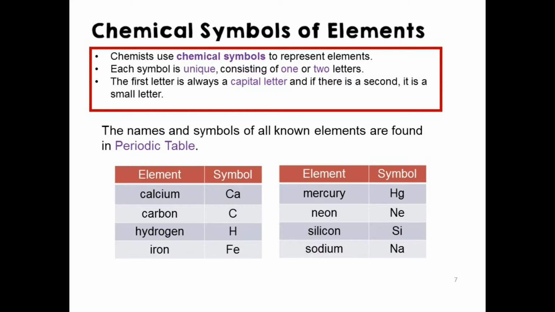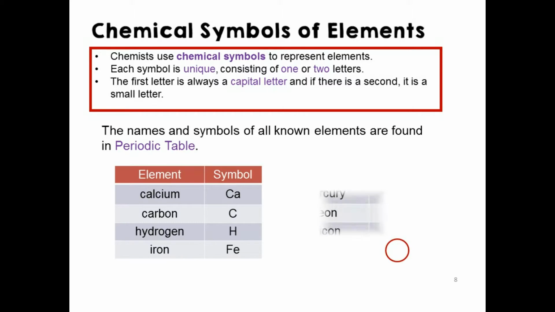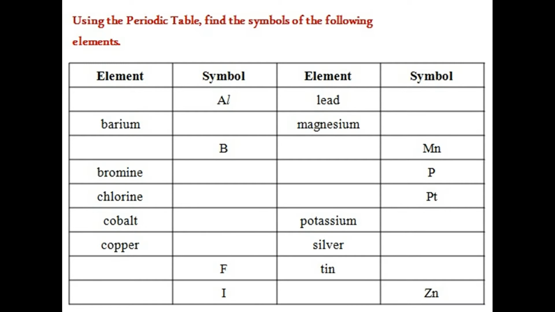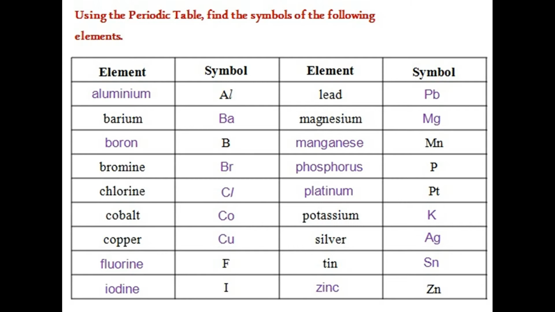For example, sodium is with a capital letter N and a small letter a. Now, pause the video and use the periodic table to find the symbols of the following elements. You can check your answers.